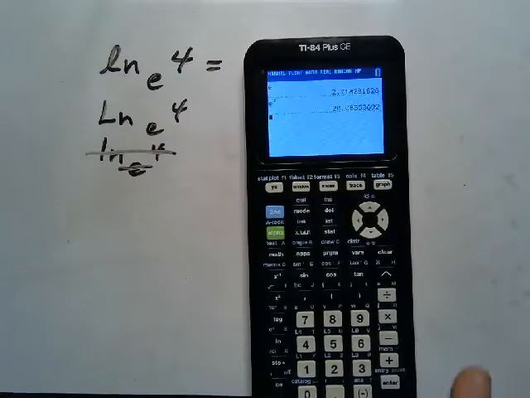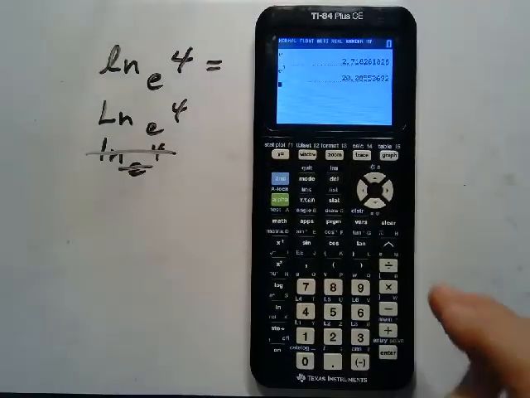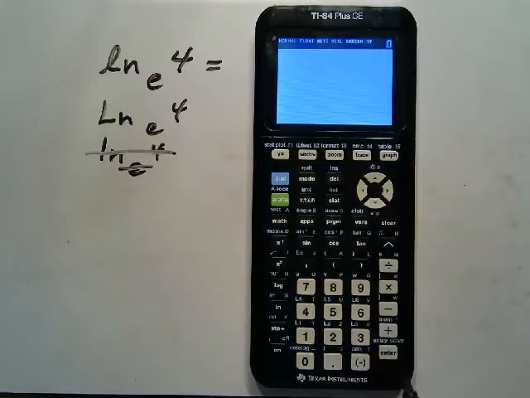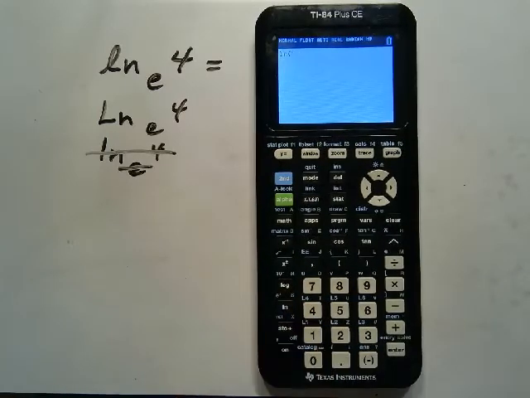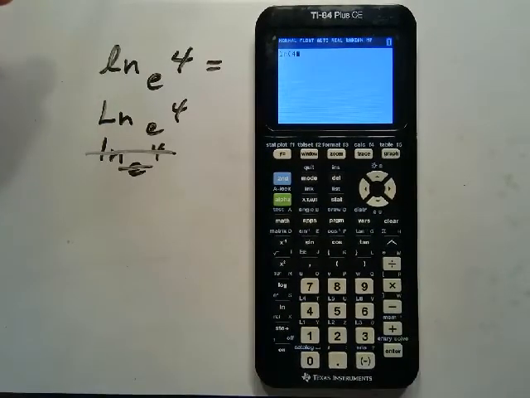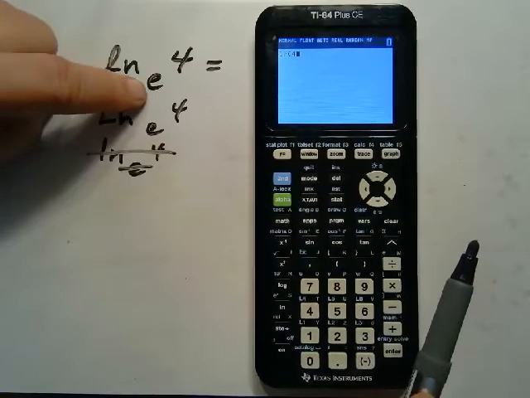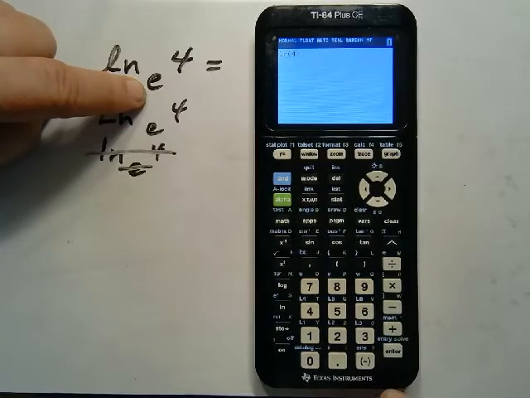If you look at your calculator here, the natural log button happens to be right down here, ln. If I punch in the natural log, notice it's not showing the E there, and I type in 4, what it's asking is, what is the exponent on E that will give me 4?